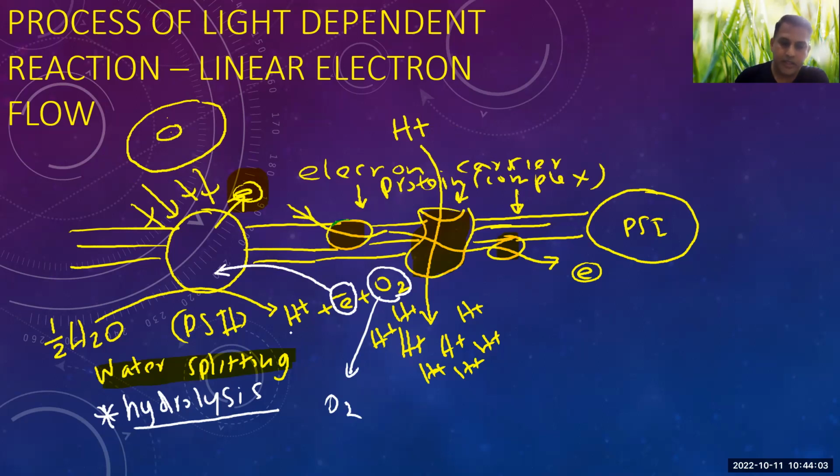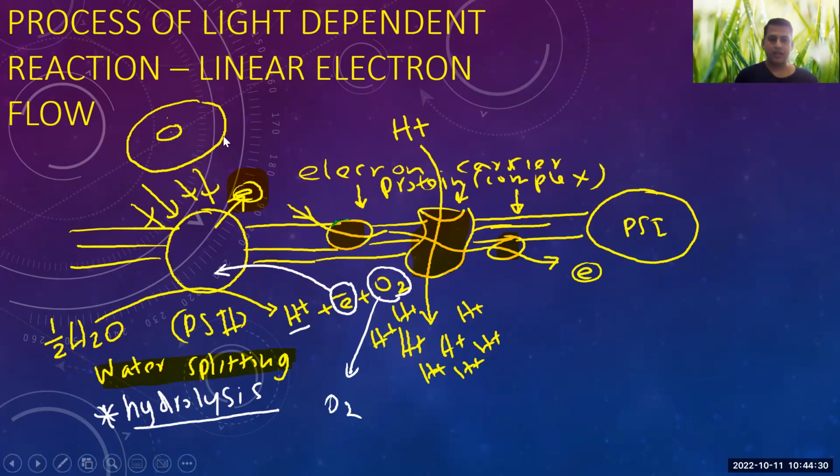And this hydrogen can still contribute to developing the hydrogen ion, the protons, here, or maybe it is important for other reactions. So we'll see what happened to these hydrogens. After that, we will move into the PS1.